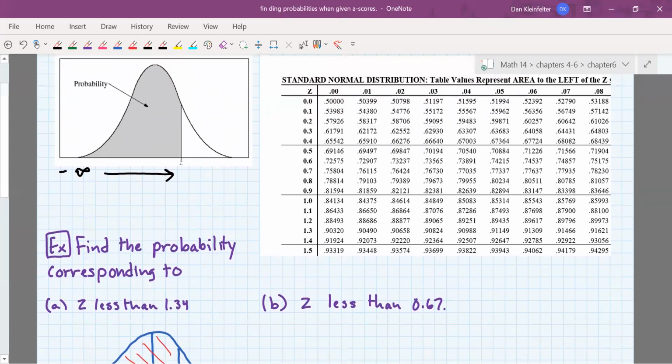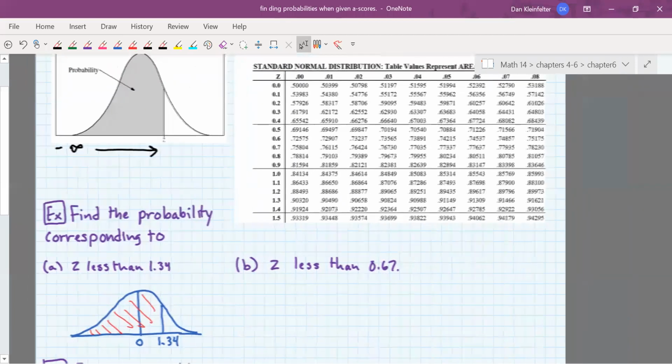So referring to our z table, it says 1.34. Looking along the left side of the table, 1.3 is right here. The left side or left margin of the table gives the whole number and then the tenths place for the value of z. And then the columns across are for different values of the hundredths place.